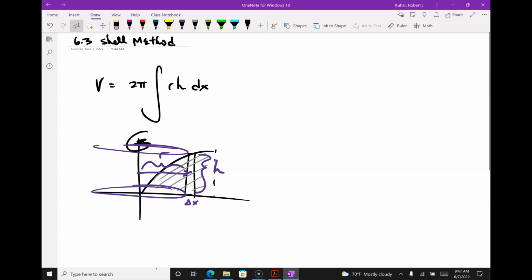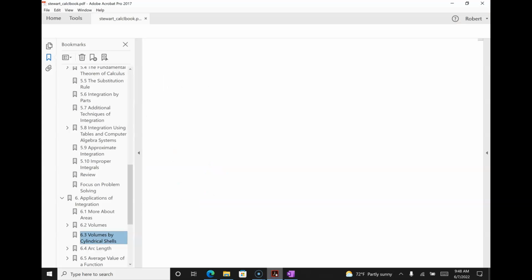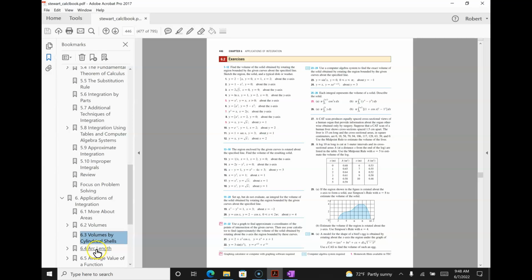We went through most of the detail yesterday, but our process is the same. Draw the region, figure out the axis of revolution, draw your rectangle, figure out the variables, draw your 3D image, that type of thing.